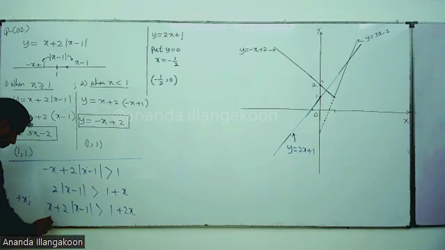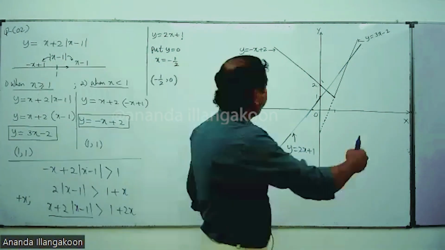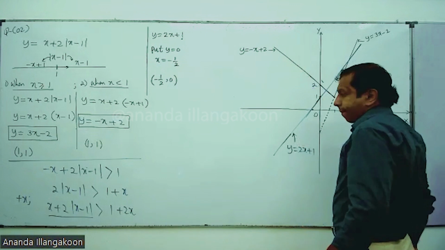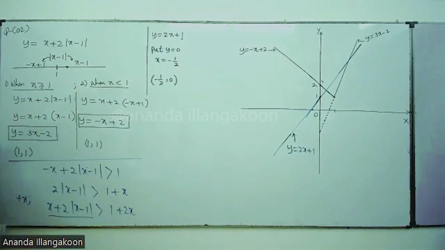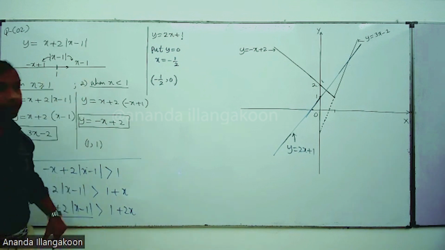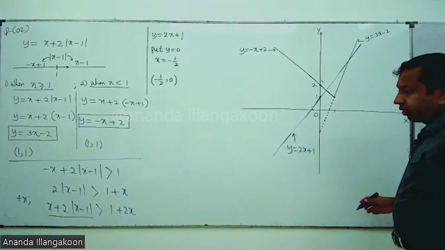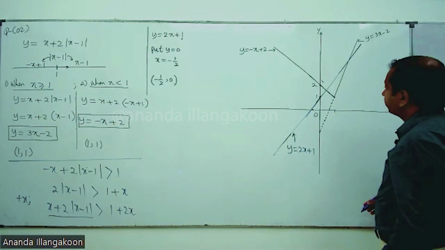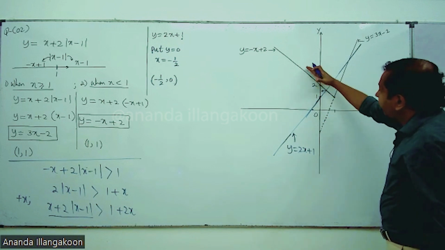This is the black graph we drew. This is the blue graph we drew. What is being asked? The range of x where the black graph is greater, meaning the black graph should be above the blue one. You can see on the left of this point, the black graph is above the blue.